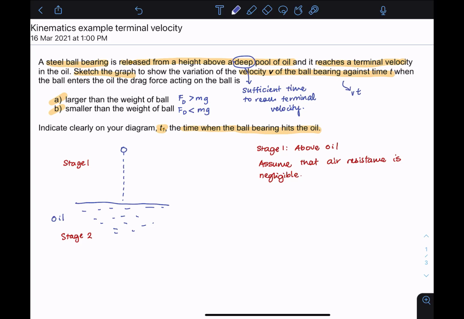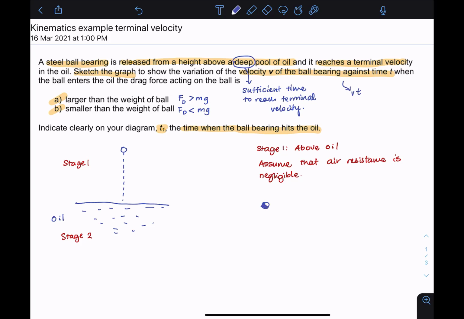The gradient of the VT graph is actually the acceleration. So often to do all these questions, we start by analyzing the gradient, which is actually the acceleration, and therefore what we will look at is the resultant force acting on the body. So this is why we often draw the free body diagram.